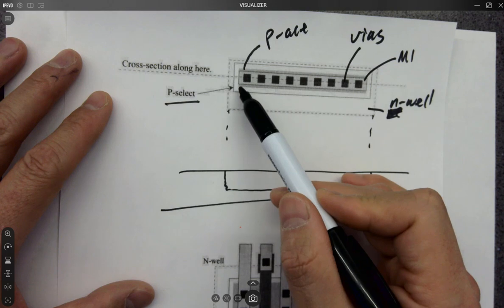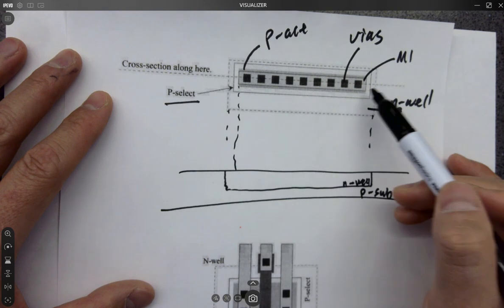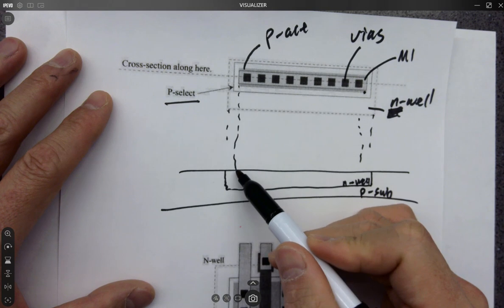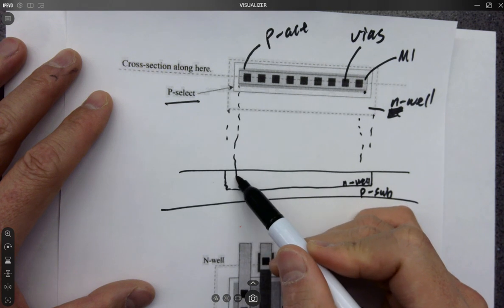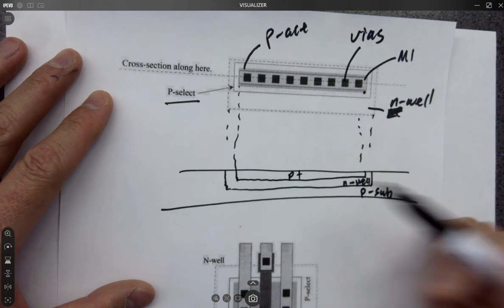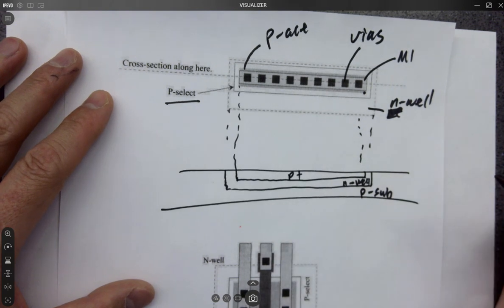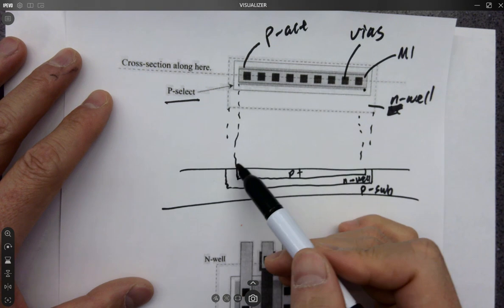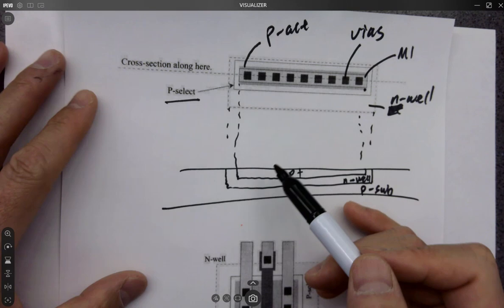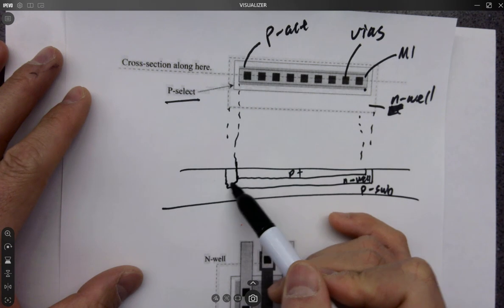So now this one is a P act. So putting a P plus material into it. P plus is a P act area, so it opens up the flux.